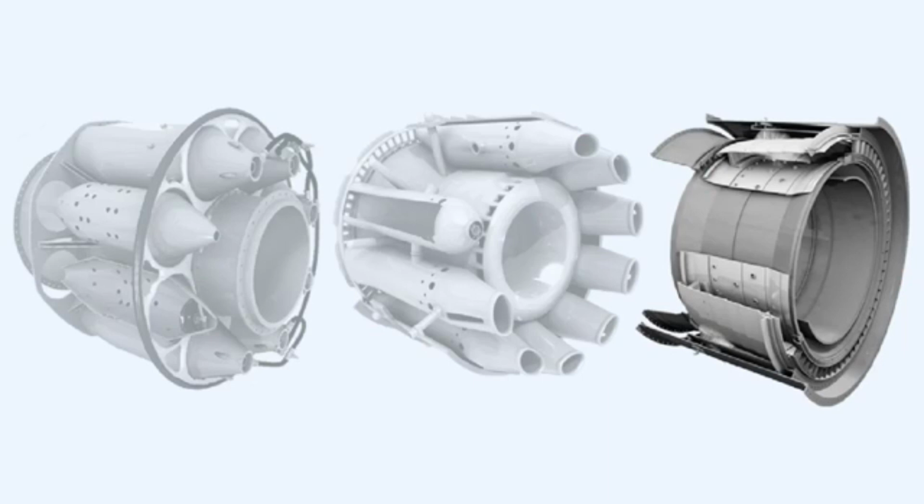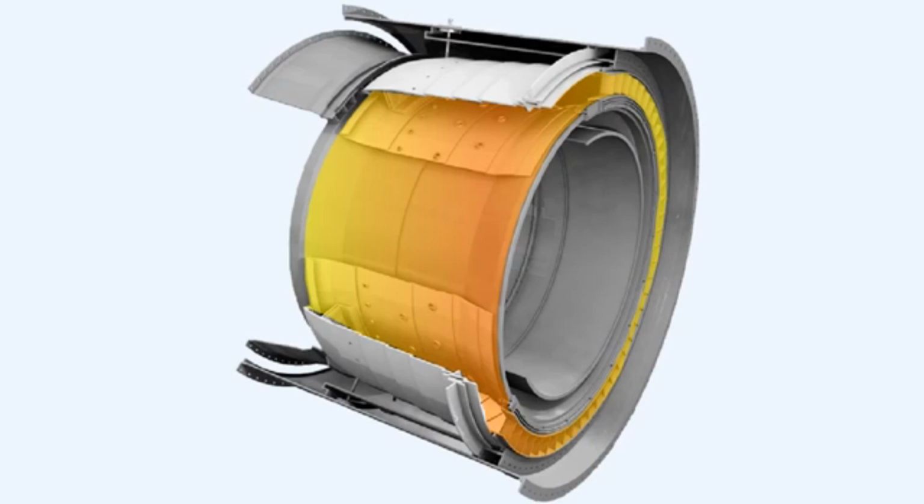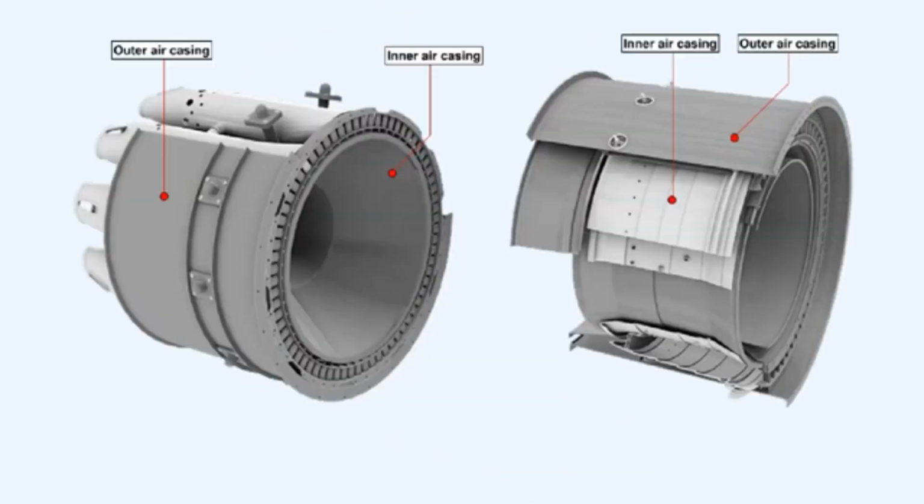The annular system has several advantages over the multiple combustion chamber system and the turbo-annular system from which it was developed. They are: for the same power output, the length of the annular chamber is only 75% that of a turbo-annular system of the same diameter. There are no flame propagation problems. Compared to a turbo-annular system, the air casing area is less.